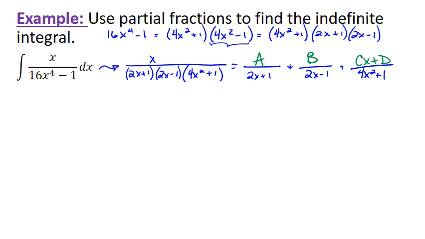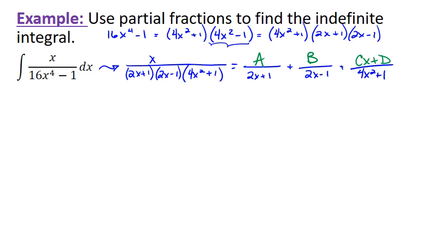Now, all the following steps are the same. Everything beyond this is the same. So we need to eliminate the fractions, choose some values for x, and find the values for a, b, c, and d. You might want to consider pausing the video and see if you can attempt to do that.